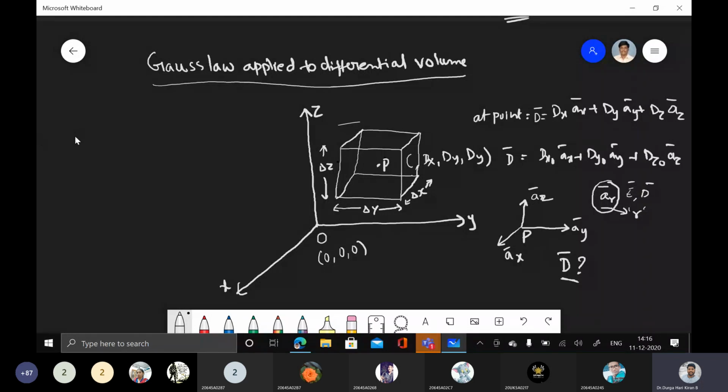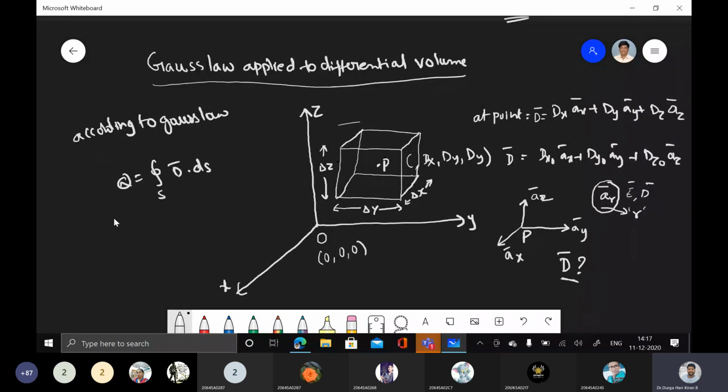According to our Gauss law, we have Q is equal to the integral over S of D bar dot dS bar. Okay, dS bar is not equal to dS.